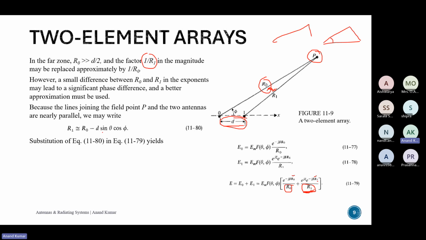Yeah, this becomes r naught d sine theta cos phi.